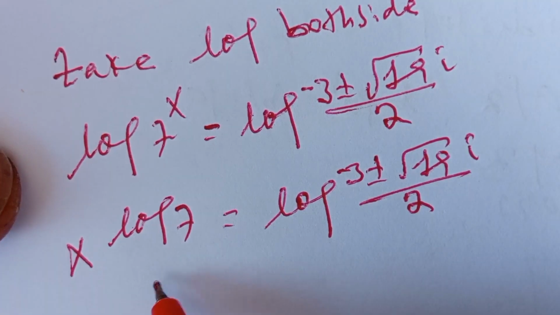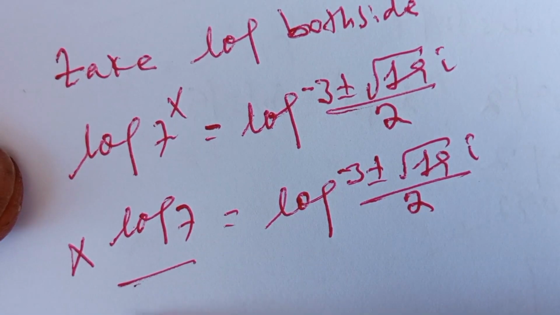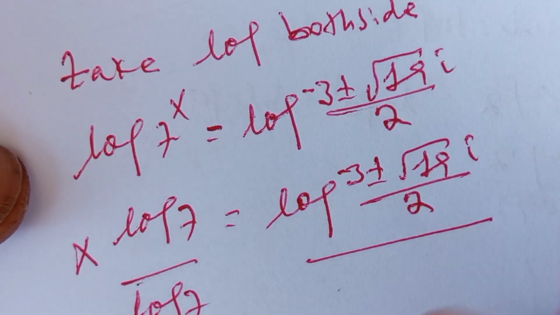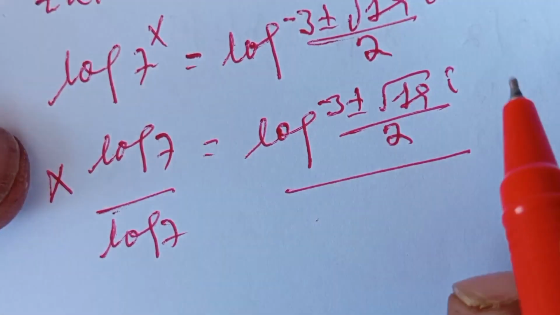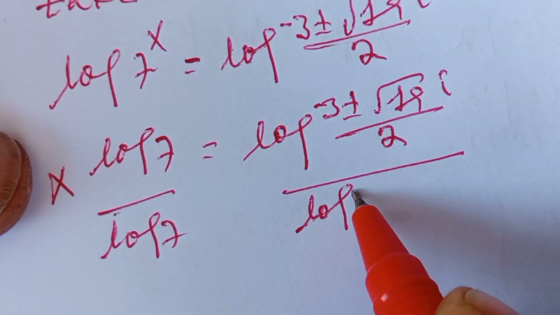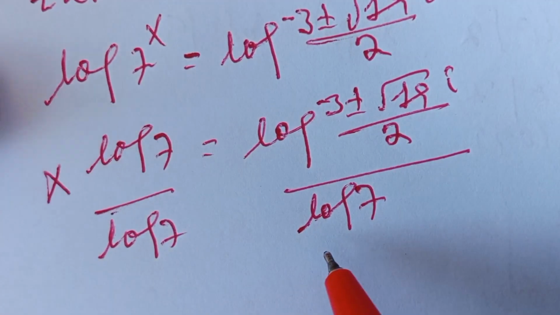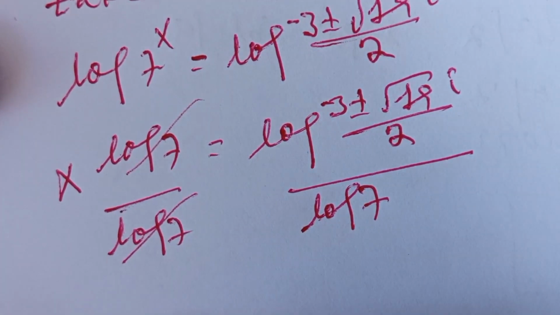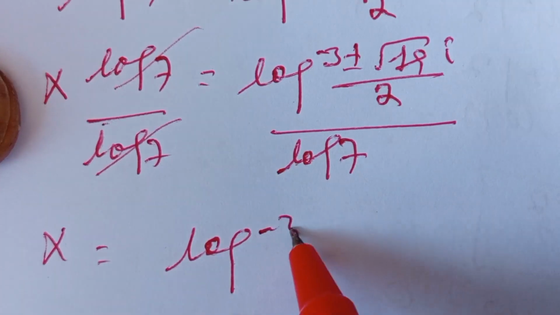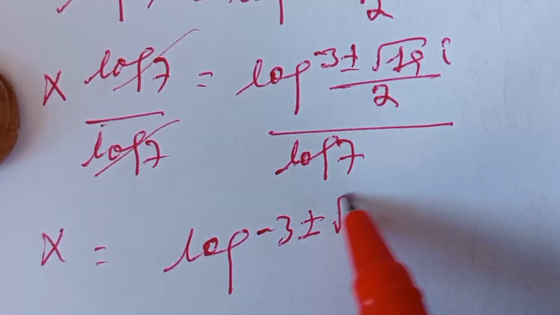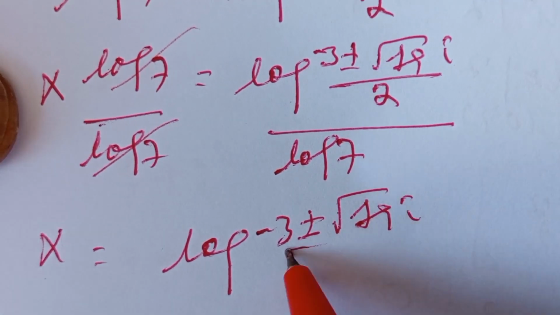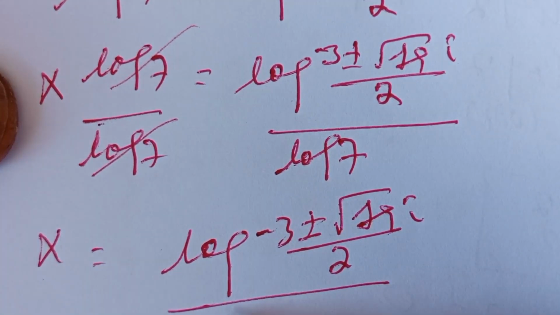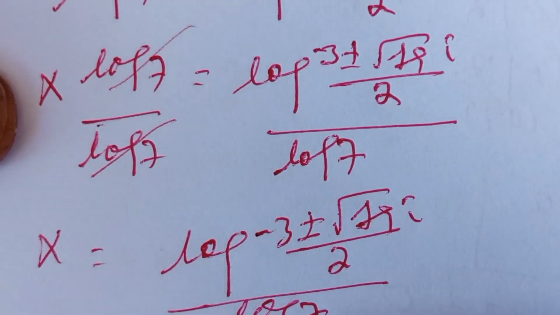Divide both sides by the logarithm of 7, so this cancels, and x is equal to the logarithm of (minus 3 plus or minus root 19 i over 2) over the logarithm of 7.